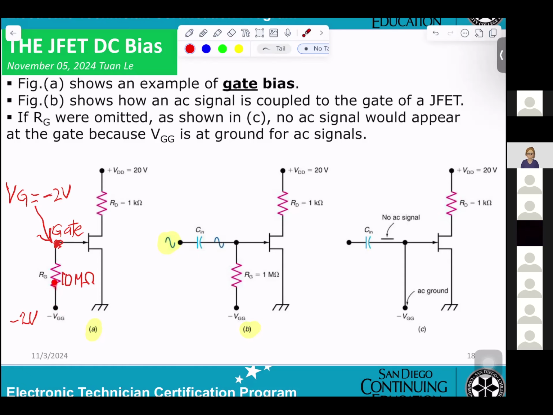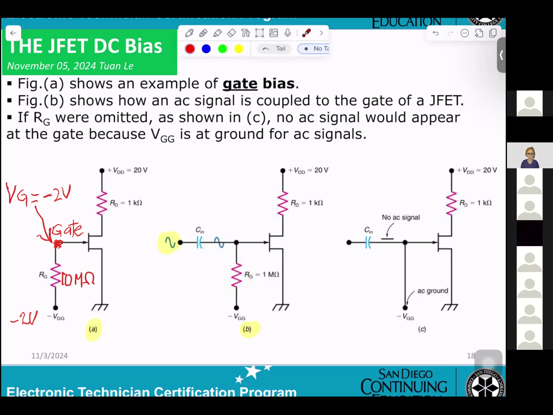Yeah, okay, thanks. However, my question will be, you can see you can get no resistor here, and the voltage is still the same -2, right? However, why do we need that? I'm telling you.